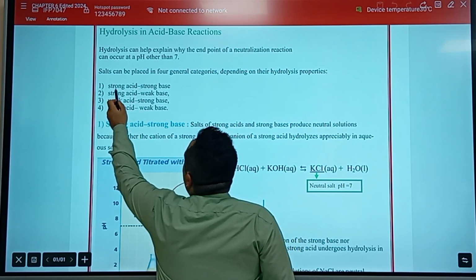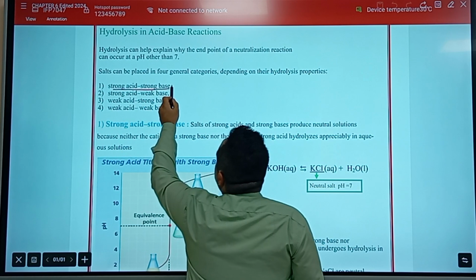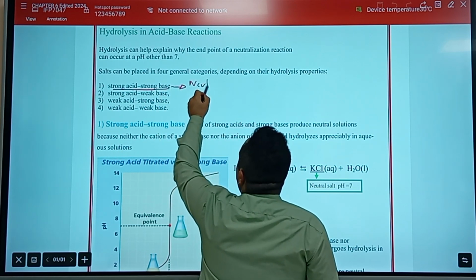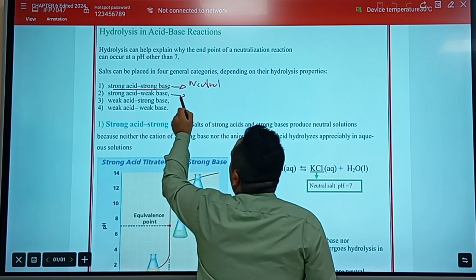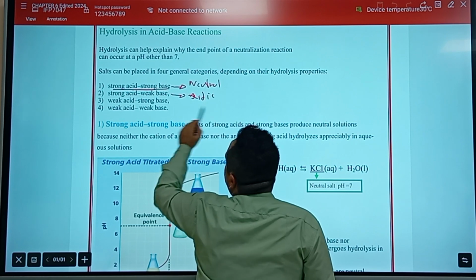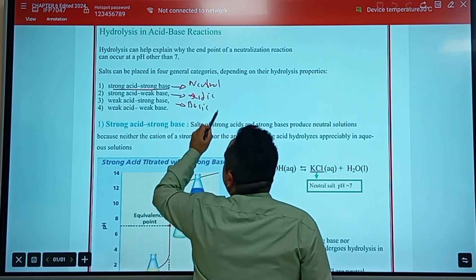We have strong acid and strong base. The salt of a strong acid and strong base will produce what? A neutral salt, guys. Strong acid and weak base will produce what? An acidic salt. Weak acid and strong base, a basic salt, guys.